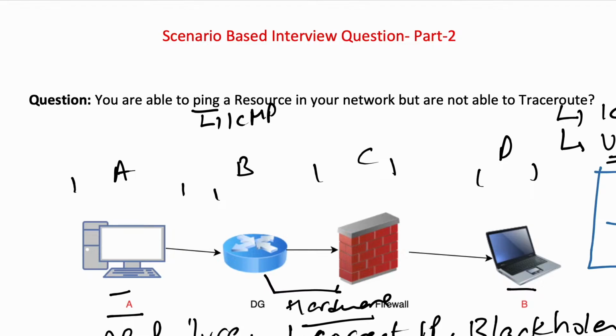This is how you should proceed, keeping in mind that physically it is fine. Start with firewall rules and ACLs. Then see if any security policy, like UDP or traceroute, is being blocked. Then also see IP configs.